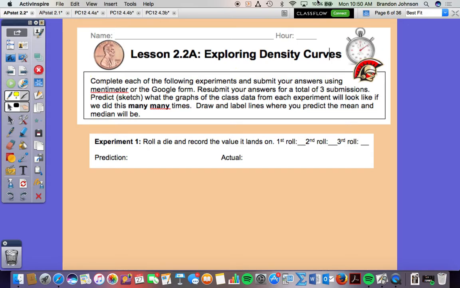For the stopwatch, what would the graph be? What would the graph of the roll of dice be? Take it from a bar graph and put it into a histogram. This would be a continuous distribution. Would it be skewed left, skewed right, or approximately normal? And then same thing over here.